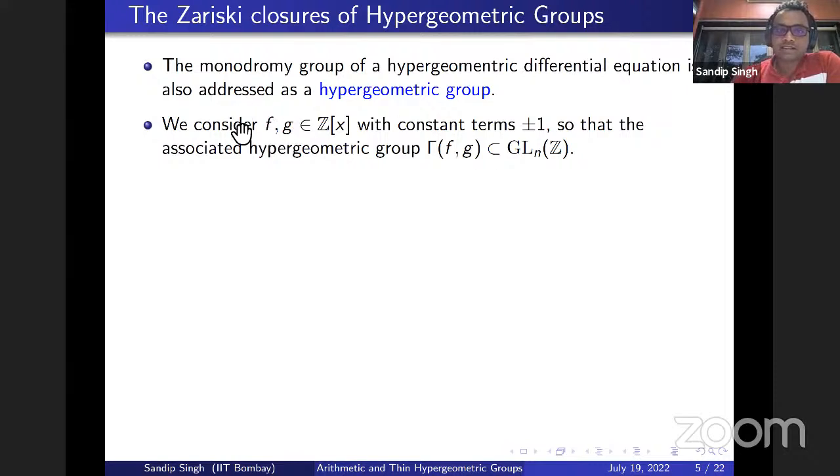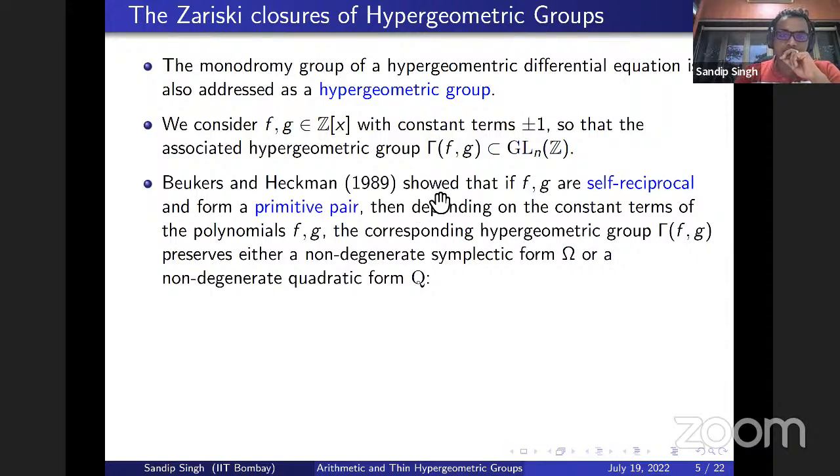The constant term determines the determinant of the companion matrices A and B, so to make sure that gamma FG is contained inside GLnZ, we consider integer coefficient polynomials with constant term plus or minus 1, so that the determinants of the corresponding companion matrices are plus or minus 1.